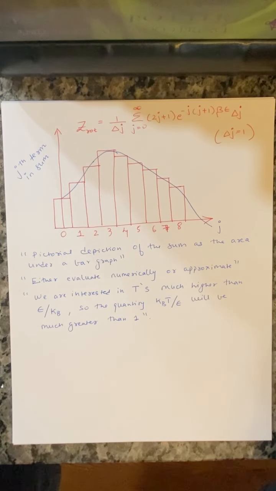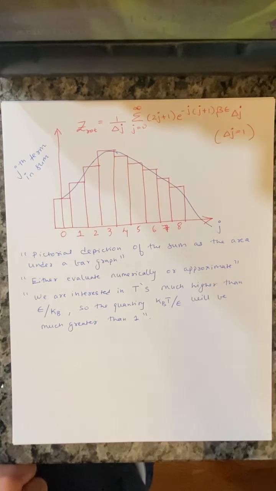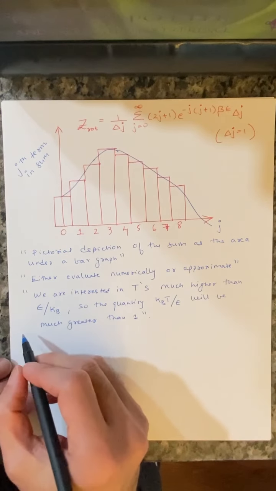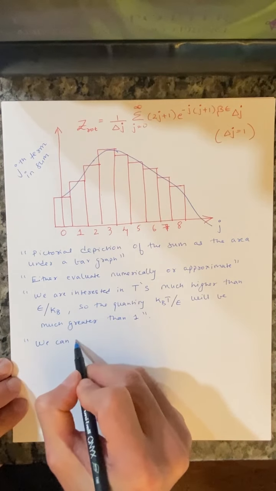In this case, the number of terms that contribute significantly to the partition function will be quite large. A really large number, right? And as a result, we can approximate the sum, that means the partition function, by an integral under the curve at a particular high temperature.